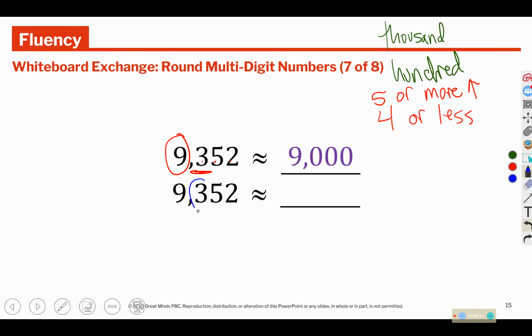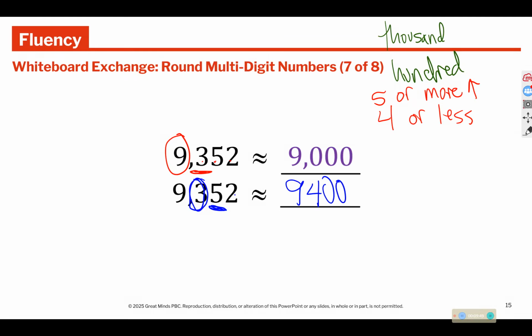Here's the hundreds place value. To determine how to round, we look to the right. 5 is 5 or more, so we have to round it up. After a 3 comes a 4. Then we fill in the rest of the place values with zeros.